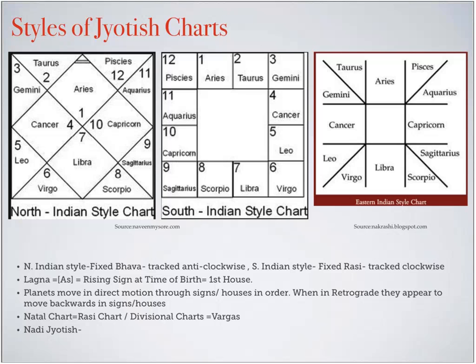And in the natal chart, your natal chart, which is referred to as Janma Kundali or Janma Jatak and things like that, that's always referred to as your Rashi chart. There's another style of Jyotish that is also in India called Nadi Jyotisham, which is an amazing, amazing science.